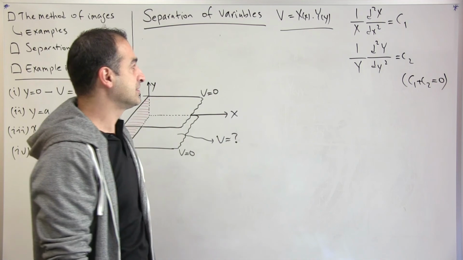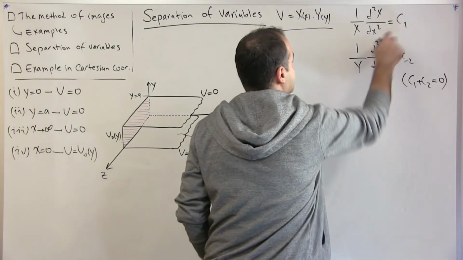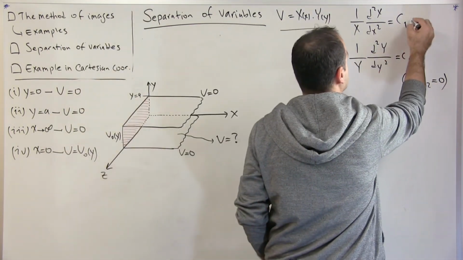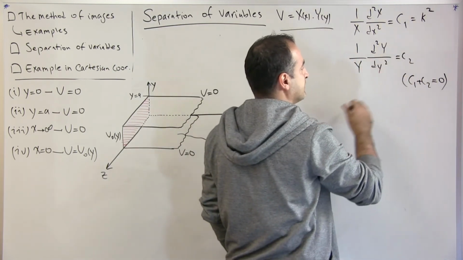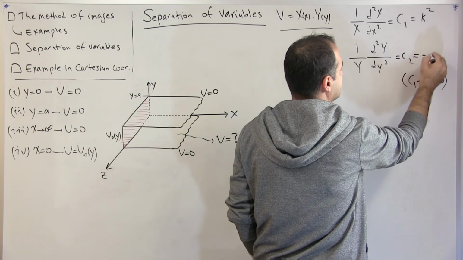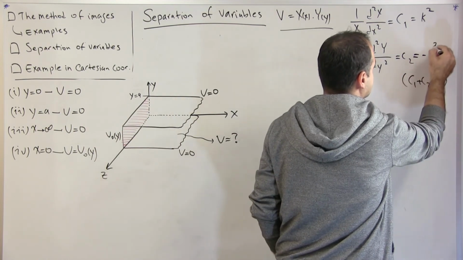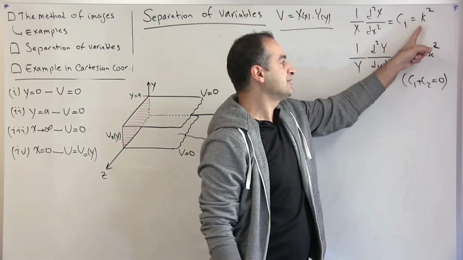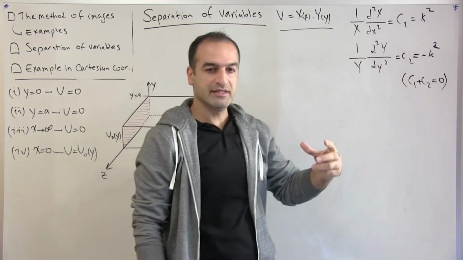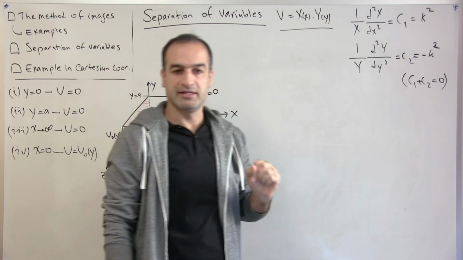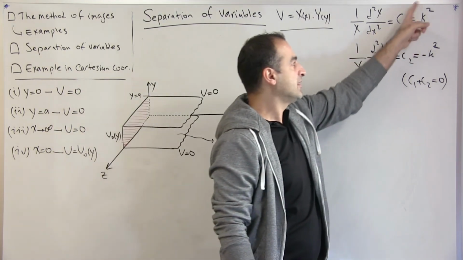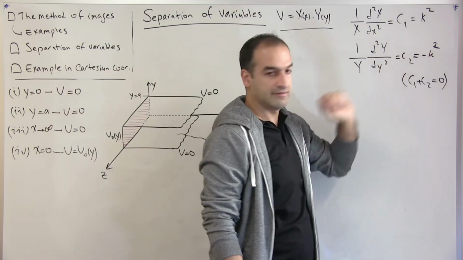So I want to say C1 is equal to k2, just to make sure it's a positive number, and C2 is negative k2. By choosing k2 and negative k2, I'm already including the condition that C1 plus C2 should be 0. So I chose one positive number and the opposite of that for the other.